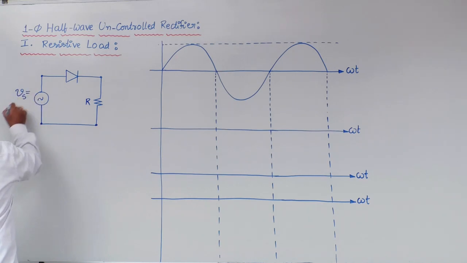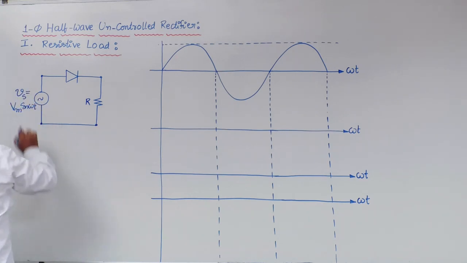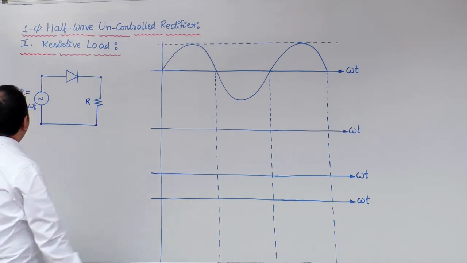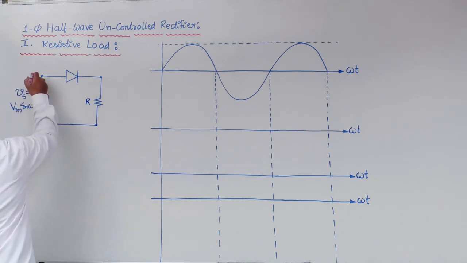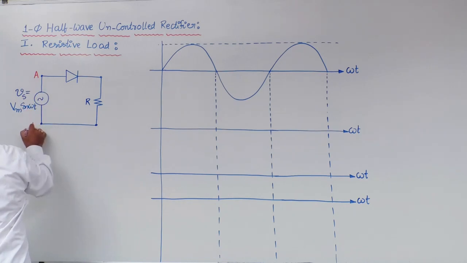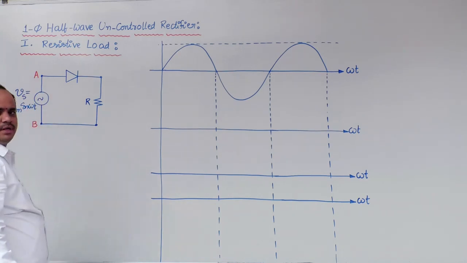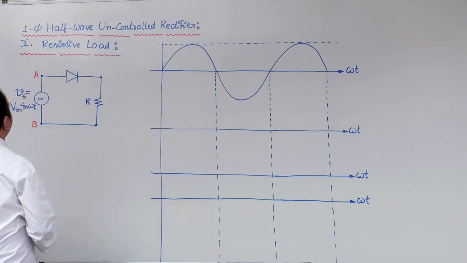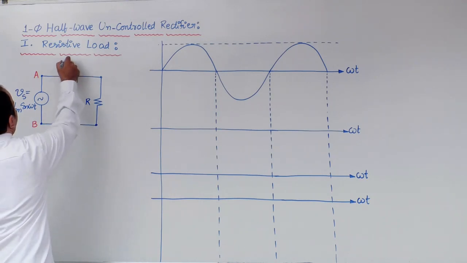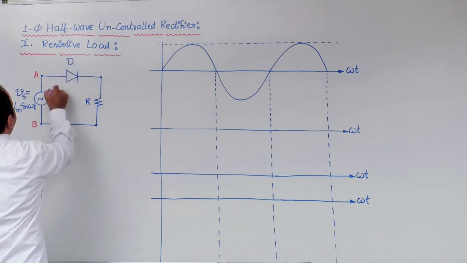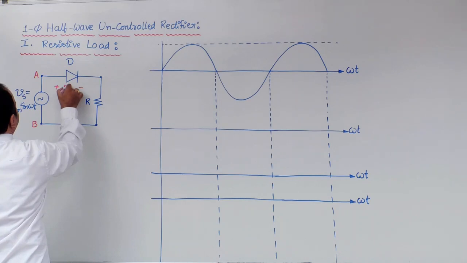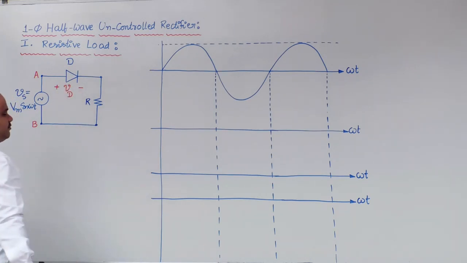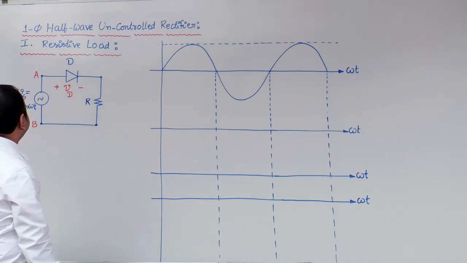Let us represent Vs equal to Vm sin omega t. Let us take the source voltage terminal names as A and B. And this is a diode. Voltage across this diode can be represented with the symbol Vd.